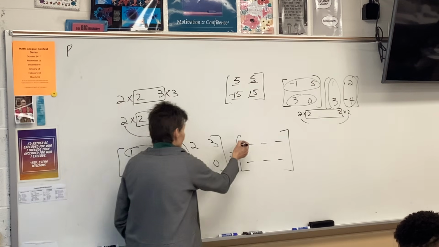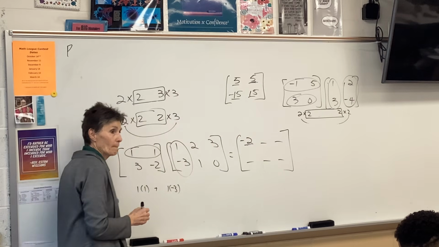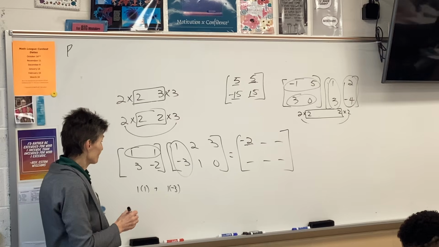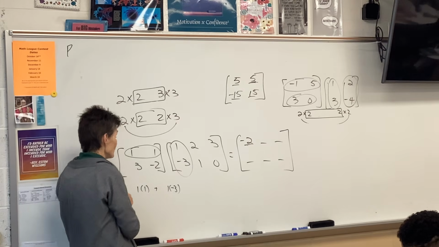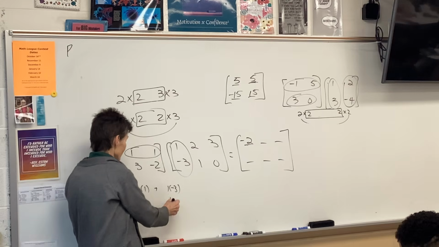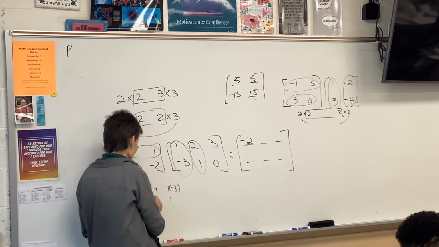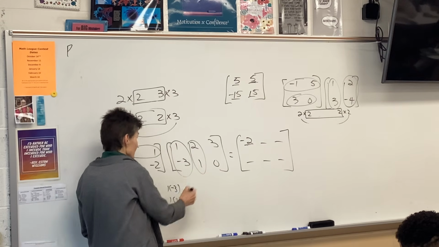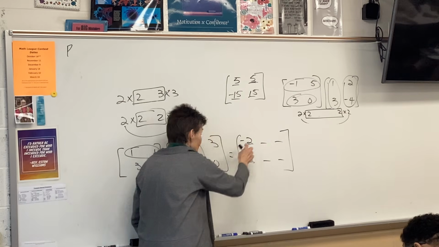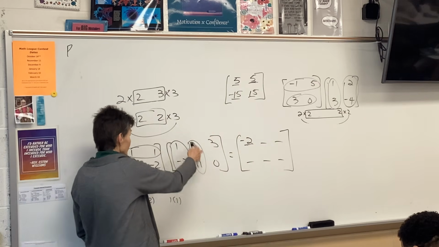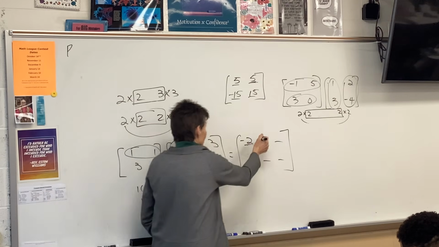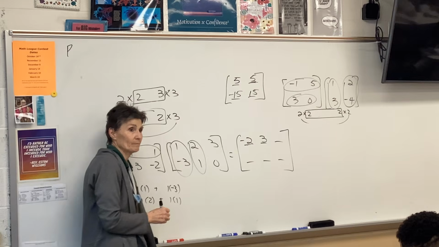Did you get -2? Perfect. We'll do one more together and then you can finish it up on your own. So 1, 1 times 2, 1. Because now I'm finding that number, which is row 1, column 2. So I got 3 for that one. Did you?